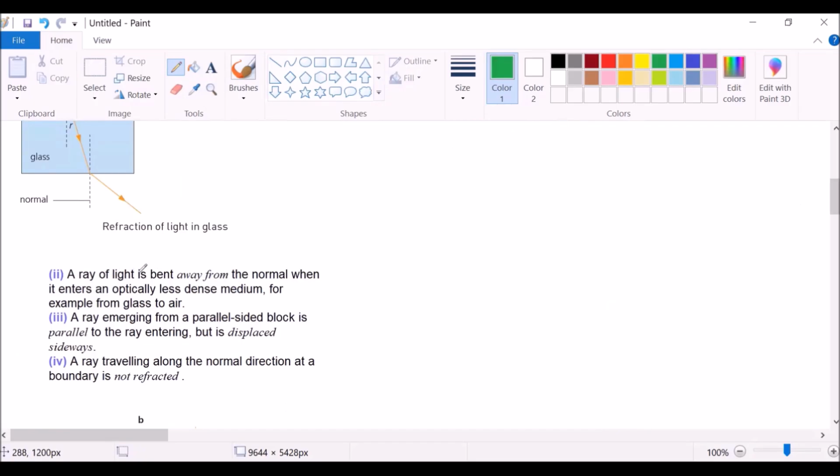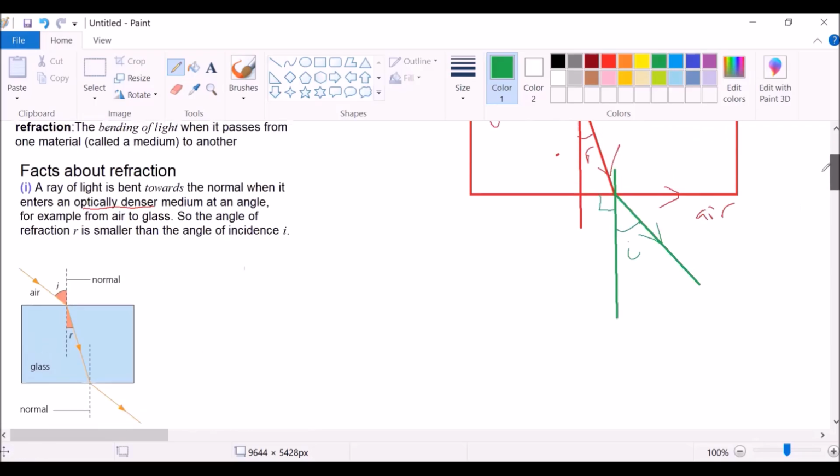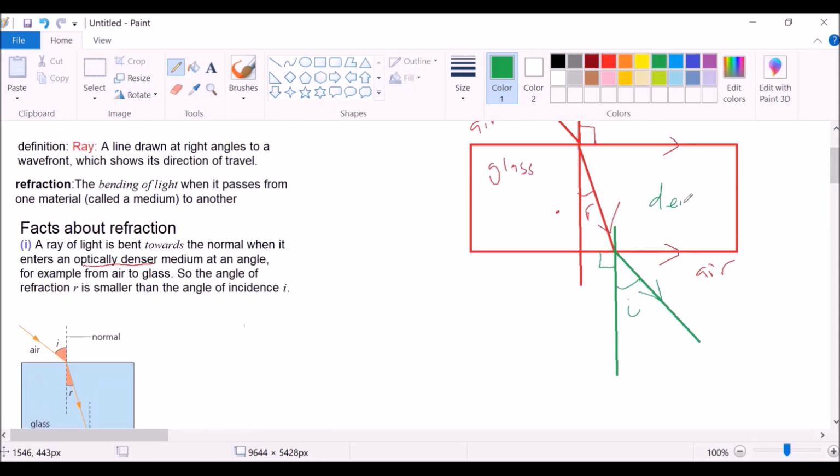A light ray is bent away from the normal when it enters an optically less dense medium. This is what we have been demonstrating here. So this is a denser medium, optically denser. This is a less dense medium. So light is refracted away from the normal.